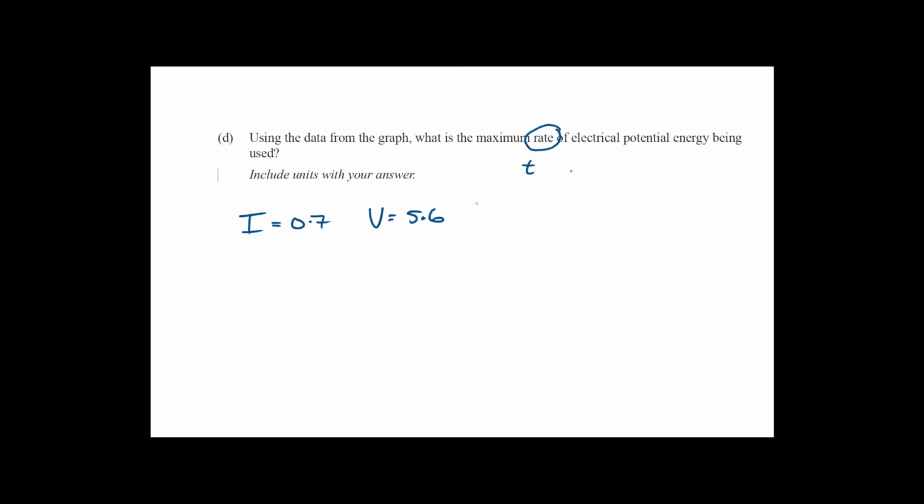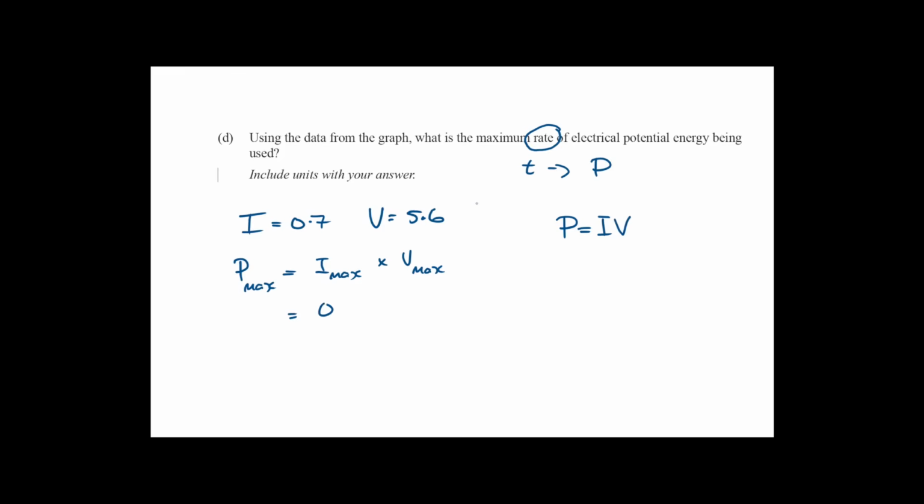So energy over time, and of course, that means we're going to be dealing with power. So the maximum power is going to be equal to the maximum current times the maximum voltage, because remember, in our formula sheet, P is given as P equals IV, which is current times the voltage.